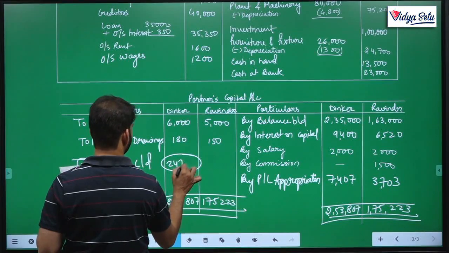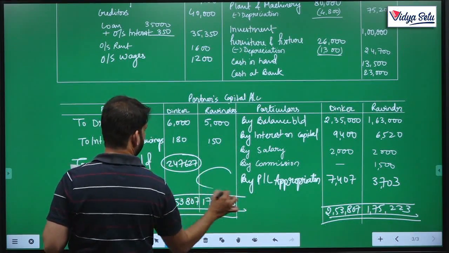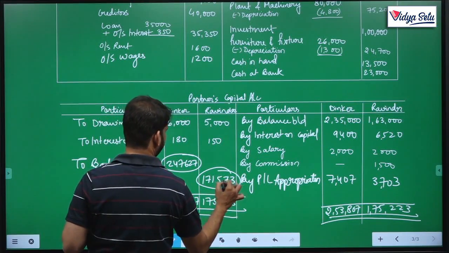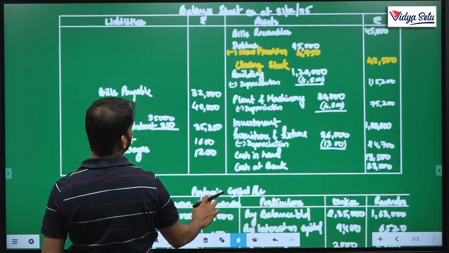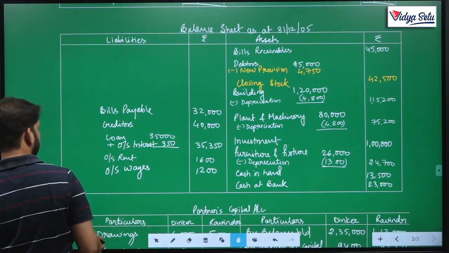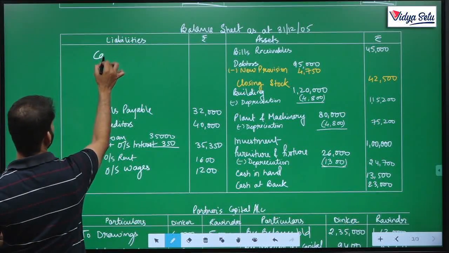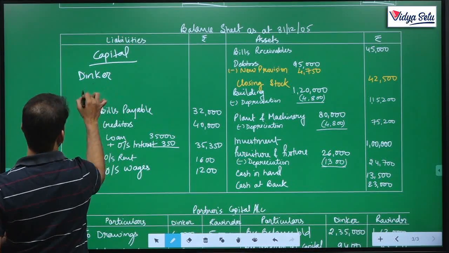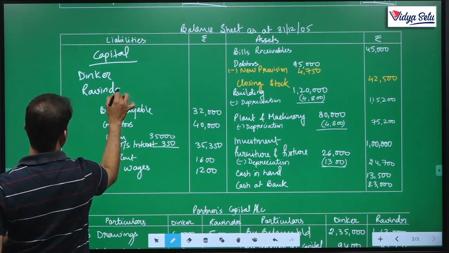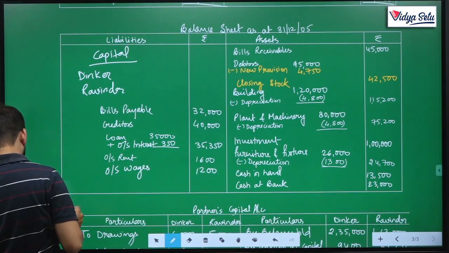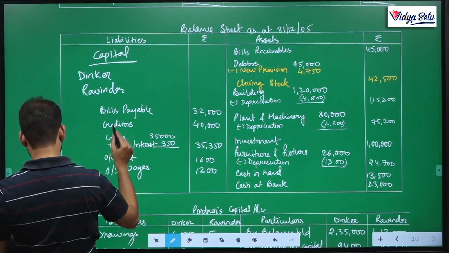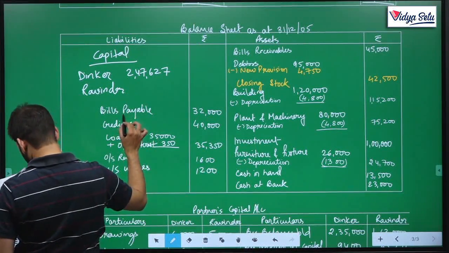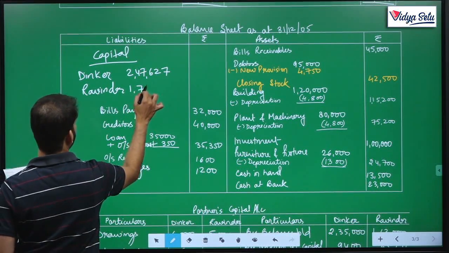So, 247627 and 171573. The last thing that we are doing, we will transfer the capitals here and let us see whether our balance sheet tallies or not. So, in Dinkar it is how much? It is 247627 and Ravinder it is 171573.